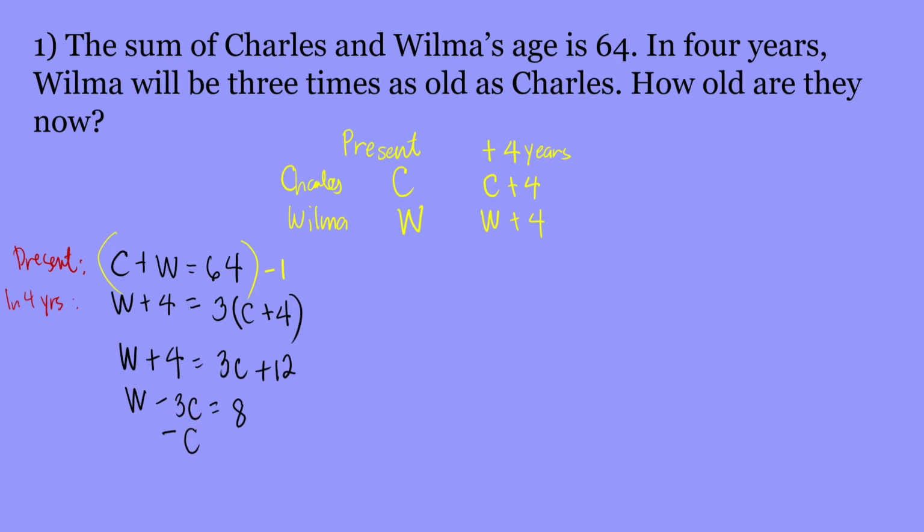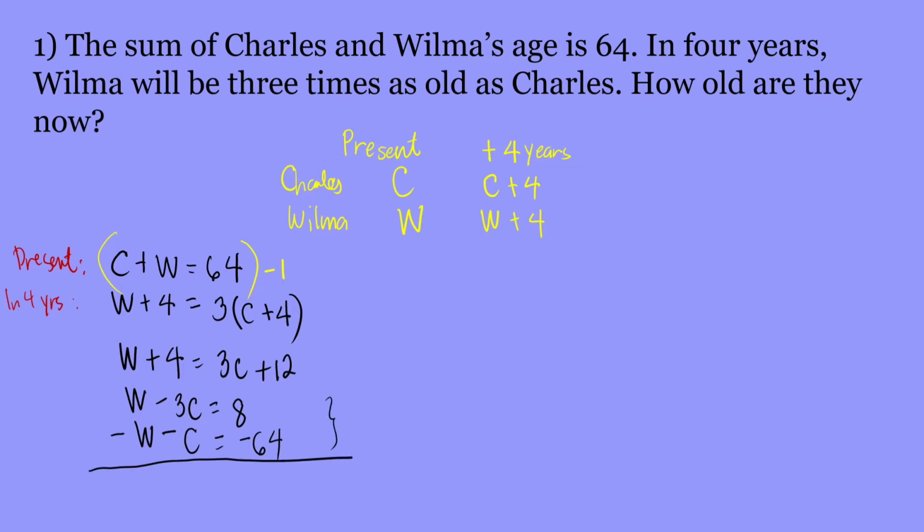And then, negative 1 times W is negative W. Let us write it here so that it will be aligned with the W variable on this equation. And then, negative 1 times 64 is negative 64. So, these are the two working equations.